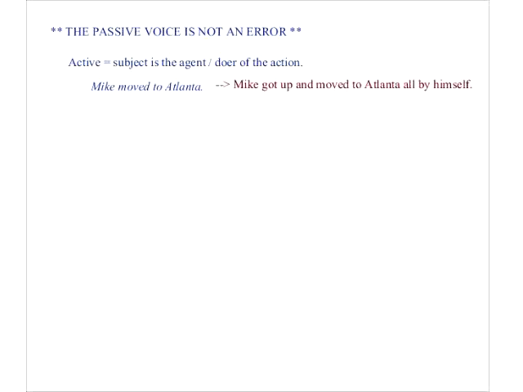So active means the subject is the actual agent or doer of the action. If you say something like, Mike moved to Atlanta, then this means that Mike actually got up and moved to Atlanta of his own accord. So Mike got up and moved to Atlanta all by himself, or at least for his own reasons.